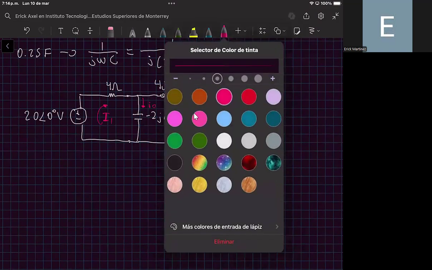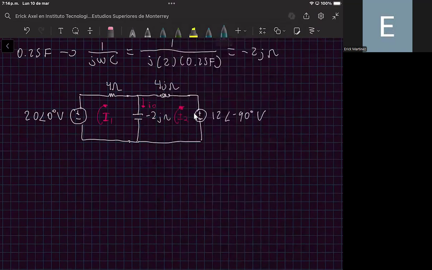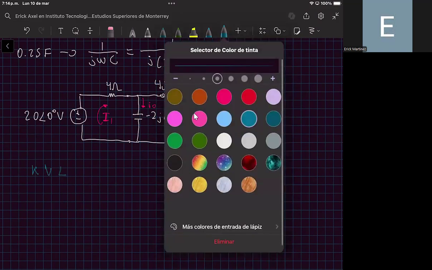Now, what else we can do? Well, now that we have identified the loops of the circuit and defined the directions of the currents, the idea is that we need to apply to each of the meshes the Kirchhoff voltage law. Okay?